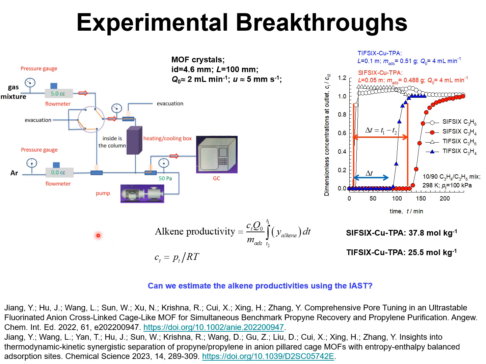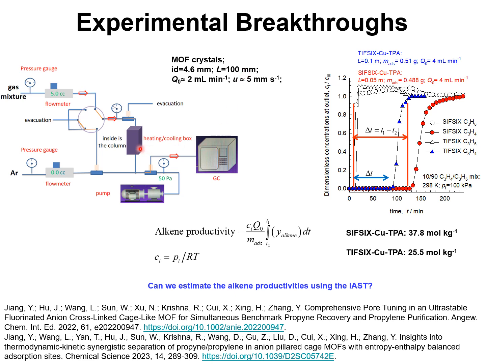Transient breakthrough experiments are usually conducted in laboratory units with breakthrough tubes of diameters of approximately 5 millimeters. The length of the packed section may be, say, 100 millimeters.